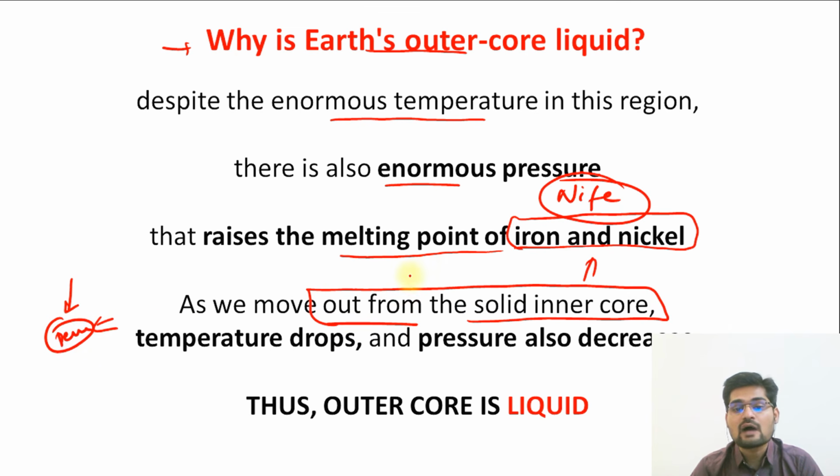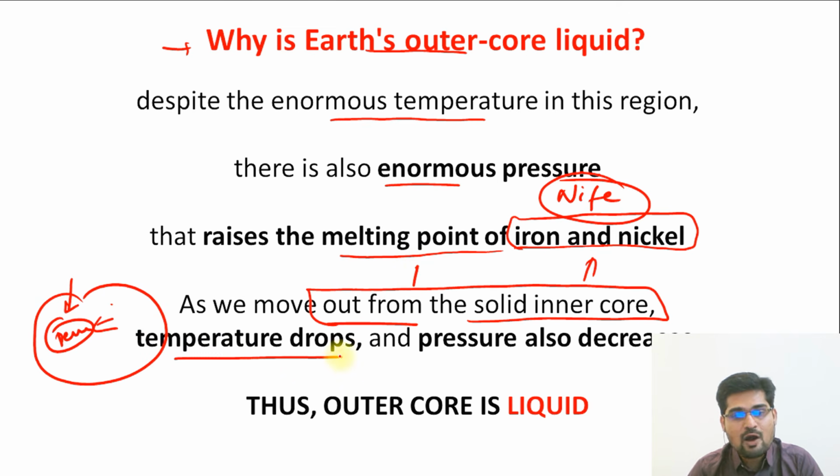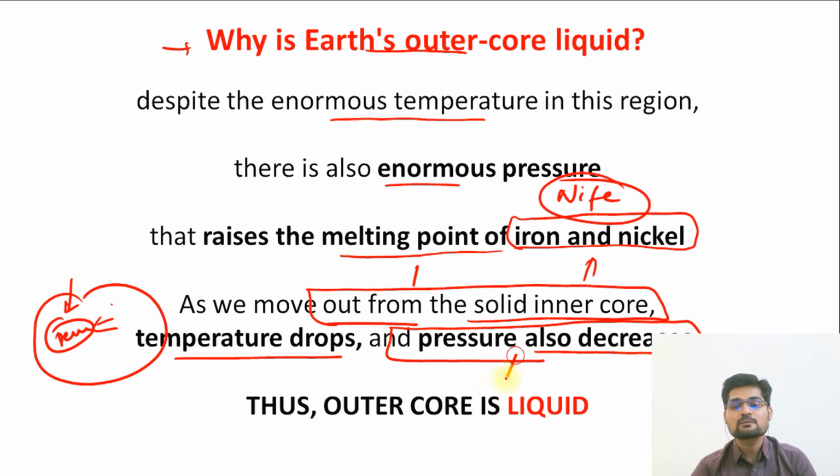But as we move out to the outer layer, the temperature drops and the pressure also drops. So majorly because of this pressure change, it is in the liquid form. There is not enough pressure in this belt to hold it in the solid state. So that is important here.